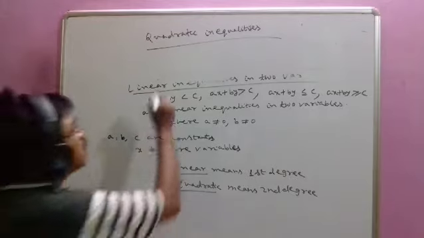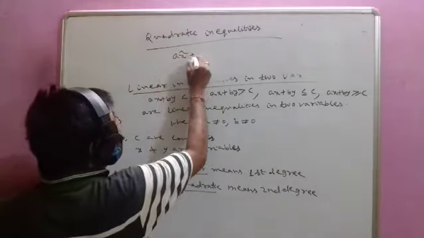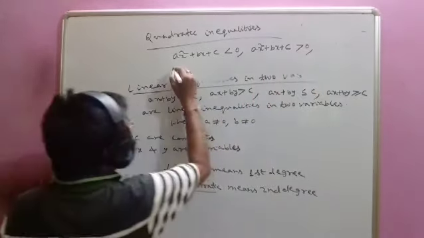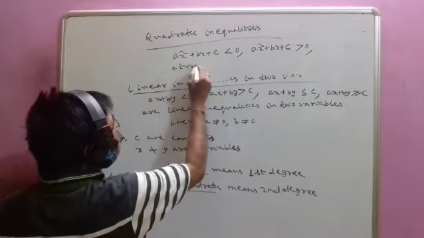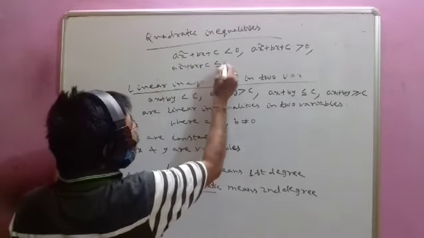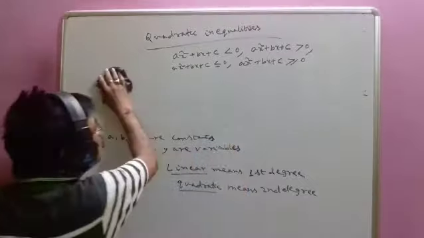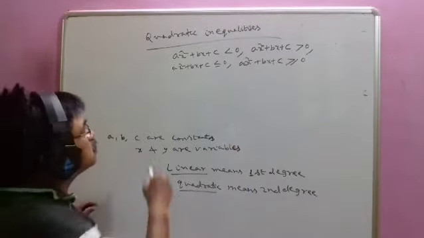So suppose I say ax square plus bx plus c less than 0, or ax square plus bx plus c greater than 0, or ax square plus bx plus c less than or equal to 0, or ax square plus bx plus c greater than or equal to 0. You see this is second degree, so these are called quadratic inequalities.